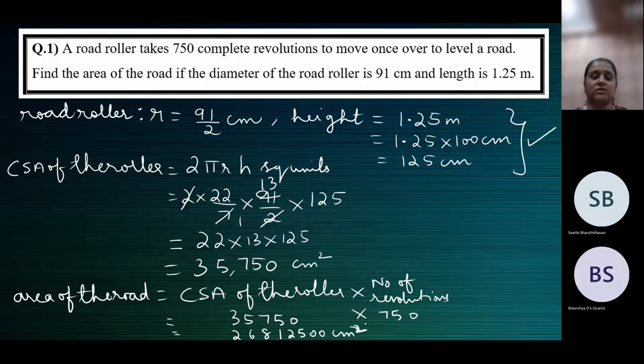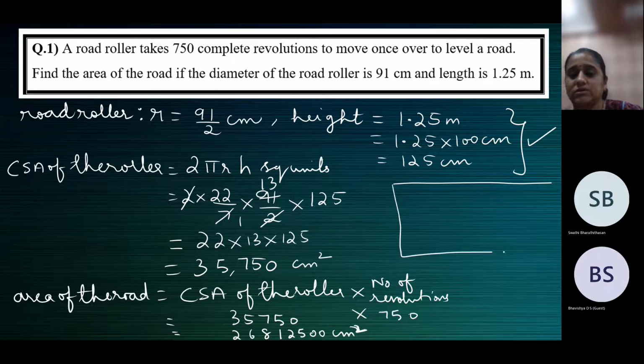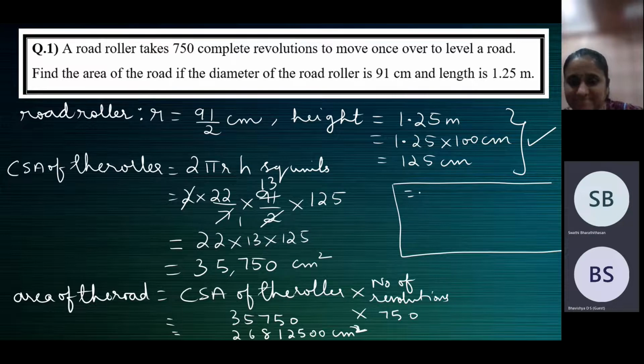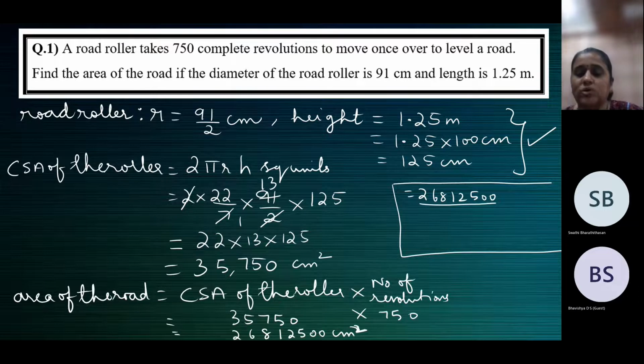You can convert this to meter square. How do you convert this to meter square? Divide by 10,000. So that is equal to 26812500. To convert centimeter to meter, you divide by 100.